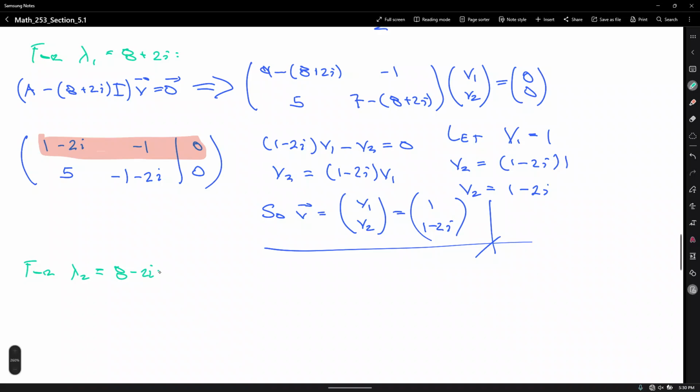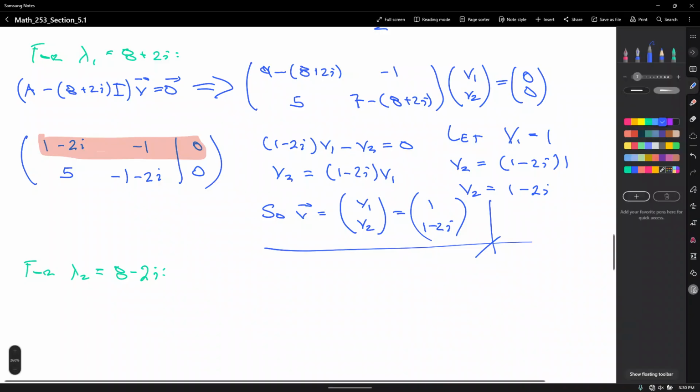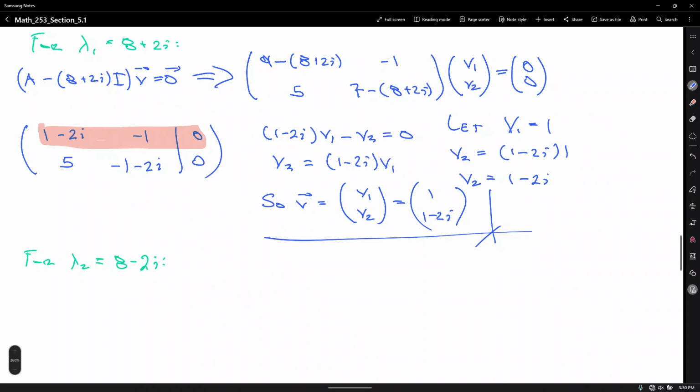So what do we do? Similarly, A minus (8 minus 2i) in this case times the vector v, let that be equal to the 0 vector.